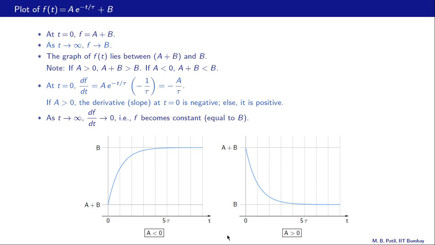Let us notice also that these functions are continuous, their derivatives are also continuous, and therefore we don't see any abrupt changes anywhere, either in this case or in this case. And all of these are very important points, and they will help us when we want to plot a current as a function of time or a voltage as a function of time in RC or RL circuits with DC sources.